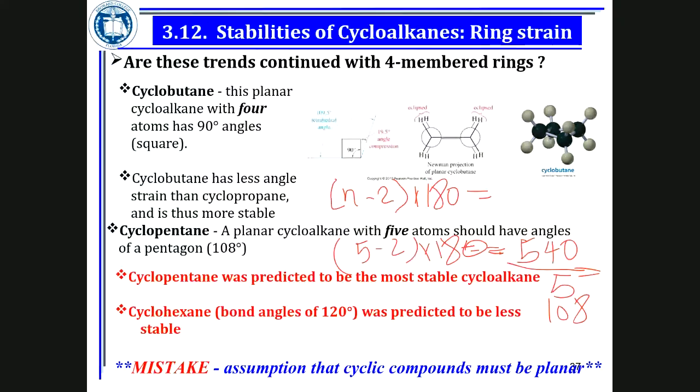So that's for cyclopentane. I'm going to give you the structure for the other cyclic system also, cyclohexane. For cyclohexane, I have lost some bonds here.